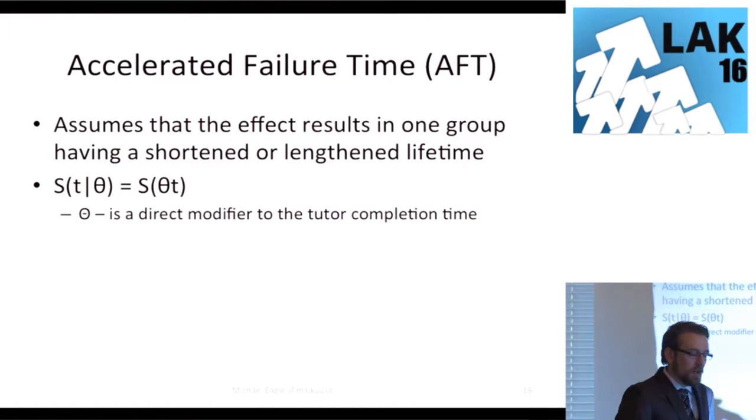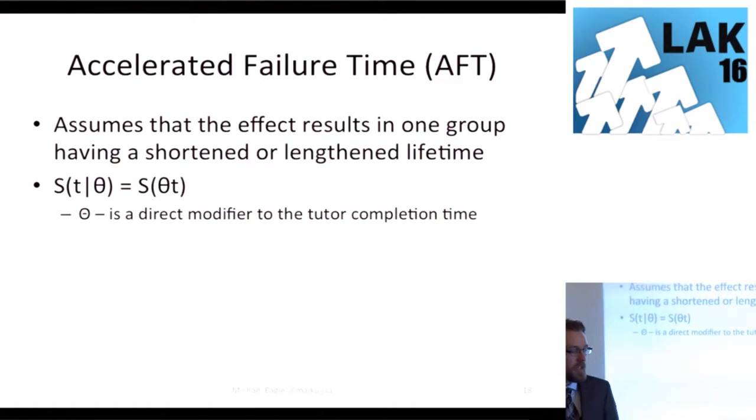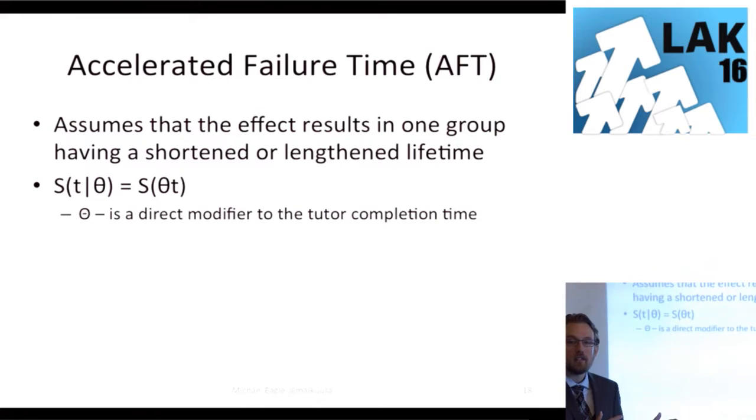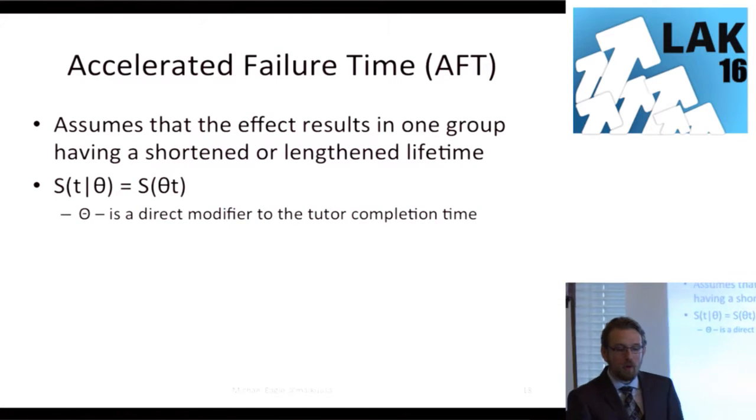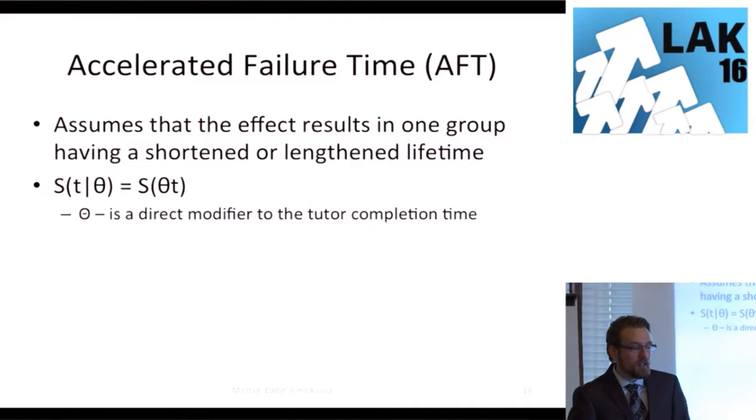I hate to be too complicated with some of these things, but there's a bit of an interpretation difference between the value that you'll get as an output from accelerated failure time and what you would get from a standard survival analysis approach. The main thing is, in accelerated failure time, you're really looking for a direct modifier on the lifetime.